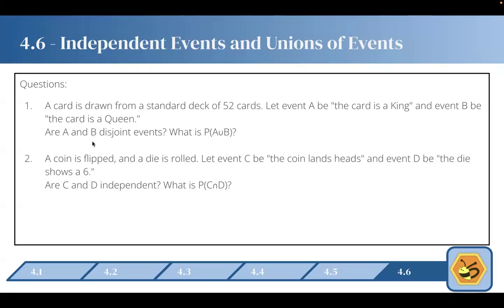Sorry, the answer for number one is yes, they are disjoint, and A union B is 8 over 52. Take a second and try to figure out number two.